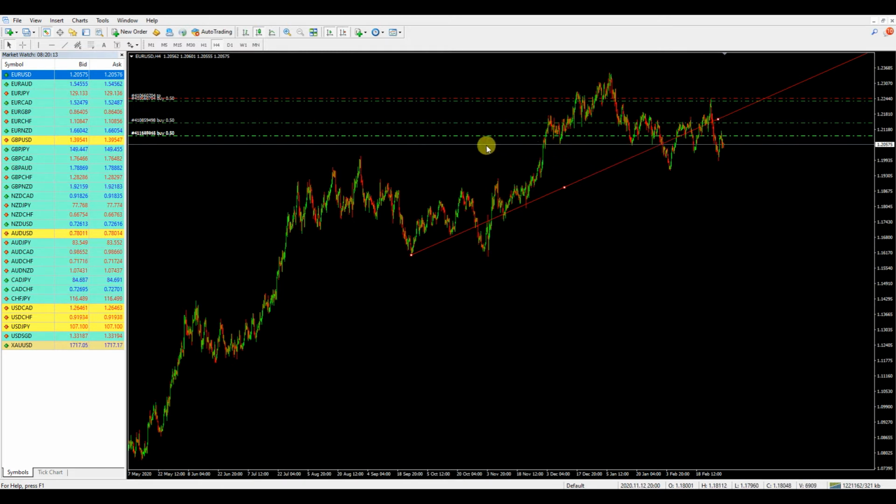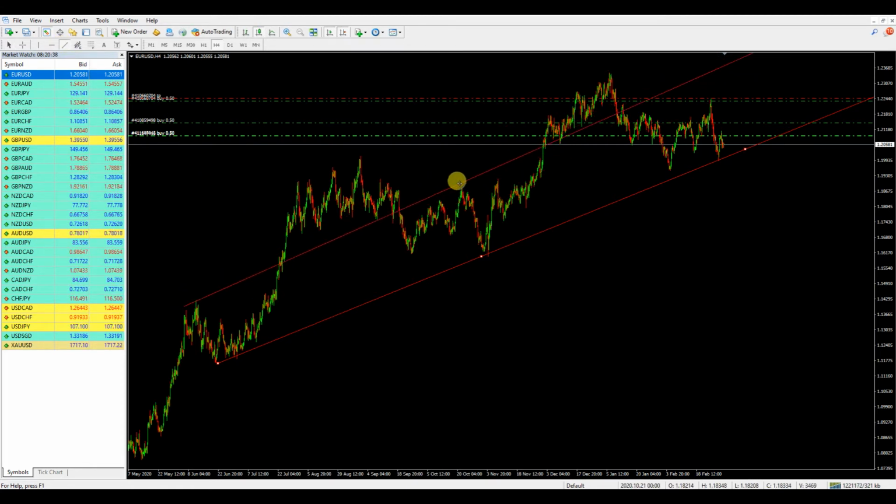So how do we draw these trend lines now, and how do we predict to take actual trades? What we're gonna do is take it from here, and then I'm gonna take the trend line over here in this area. Now what I'm gonna do next is take again a trend line, and I will be drawing it like that over here in this way.